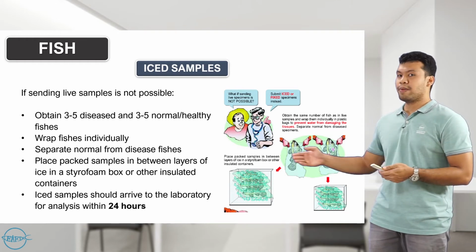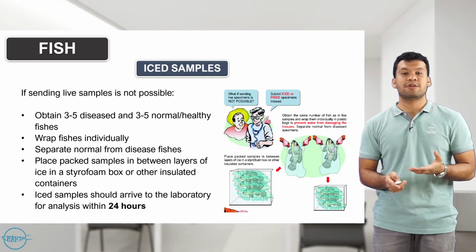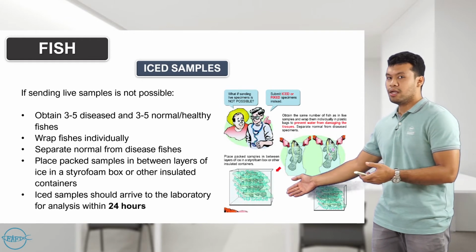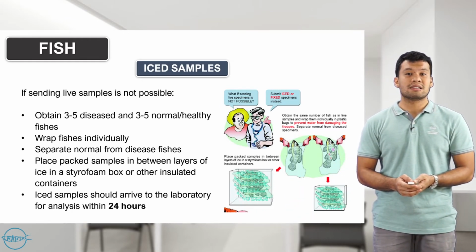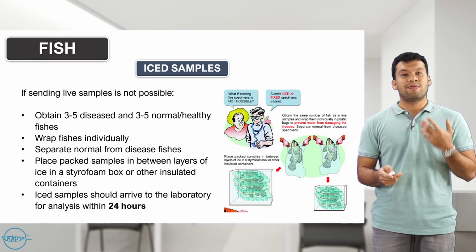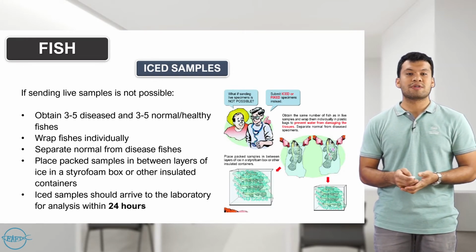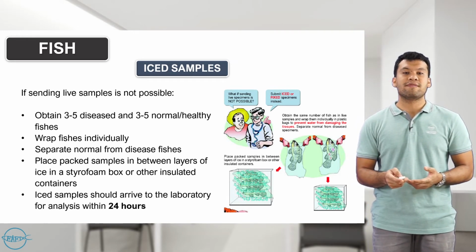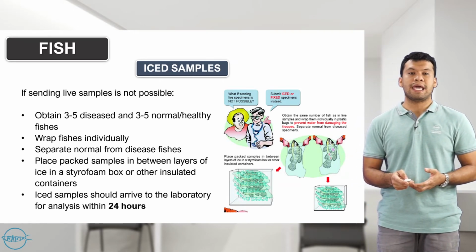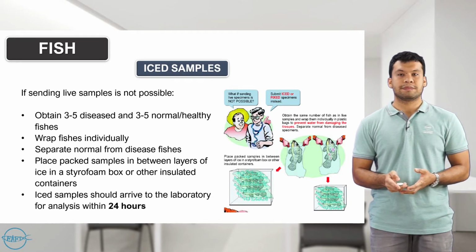You can use plastic bags wherein you place your fish, and then layer that in the styro box, so that you have a thoroughly iced sample during transportation. Iced samples should arrive at the laboratory for analysis within 24 hours.